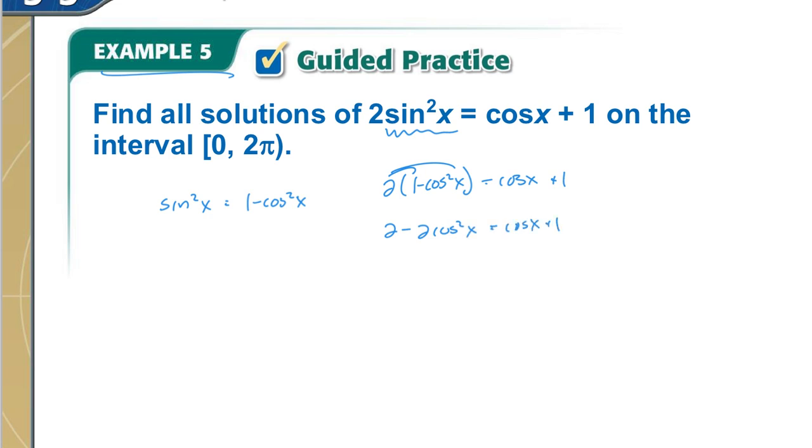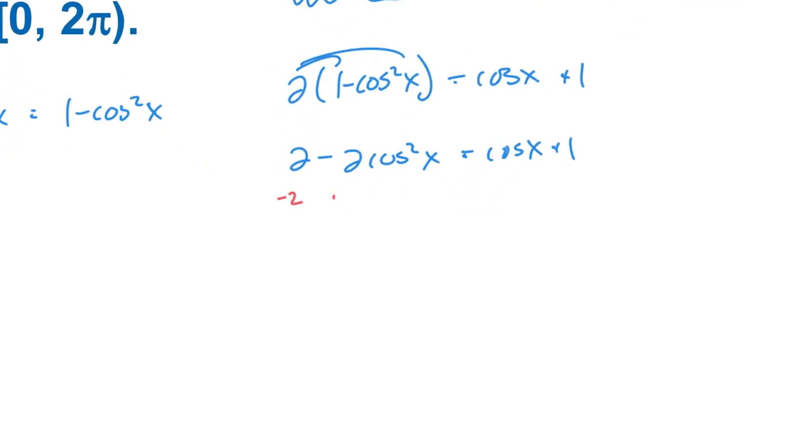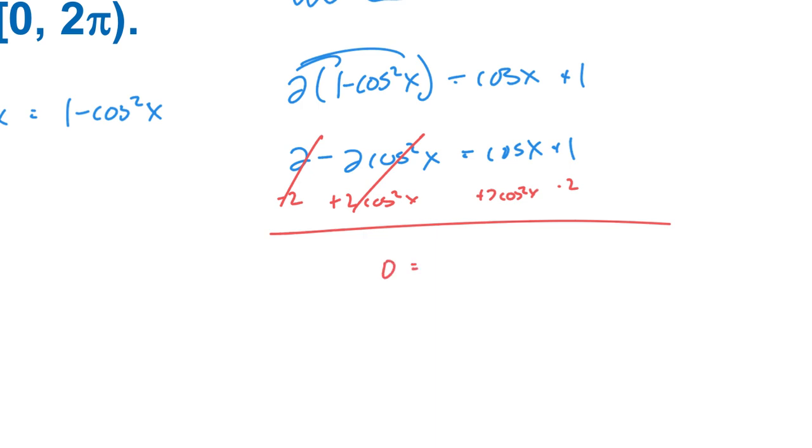Now, I see that it's quadratic in nature, and solving quadratic equations is easier when our quadratic term is positive. So I'm actually going to move everything over to the right side of this equation. So I'm going to subtract 2 and add 2 cosine squared of x. Left side, everything cancels out to be 0, which is what we need for quadratic.